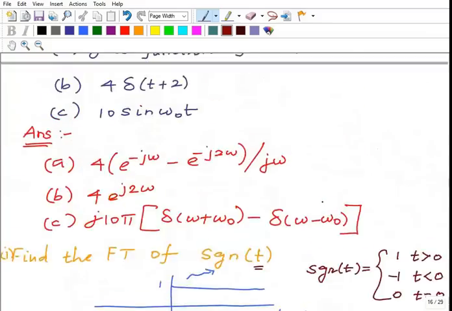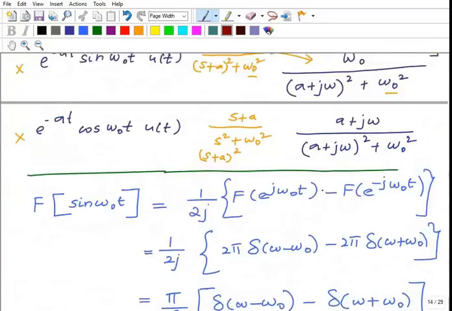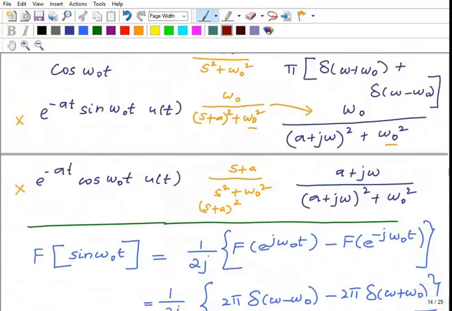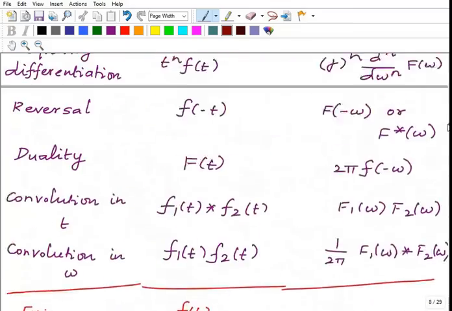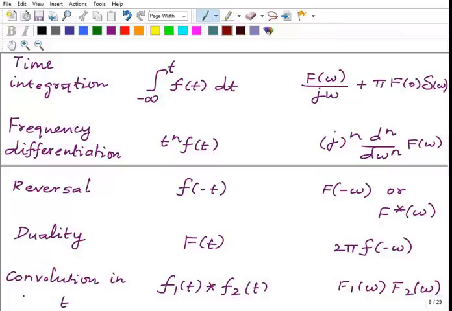Second one, the time reversal property. If the signal is time reversed, that means f of t becomes f of minus t, the corresponding change in the frequency domain is f of minus omega.